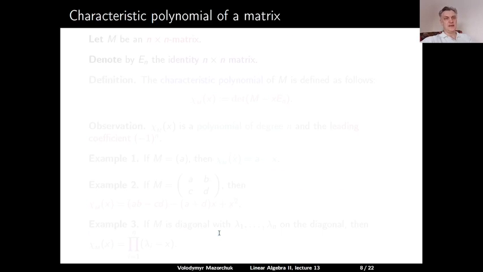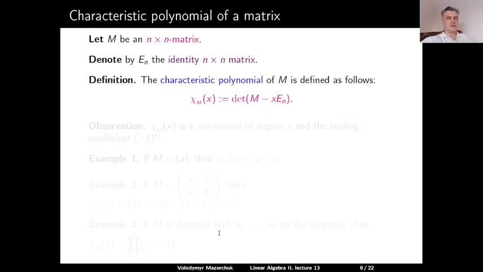And this naturally leads us to the notion of the characteristic polynomial. So let us first recall the notion of a characteristic polynomial of a matrix. Let M be a square matrix of size n times n. Denote by En the identity matrix of the same size. Definition: the characteristic polynomial of M is defined as the following polynomial.